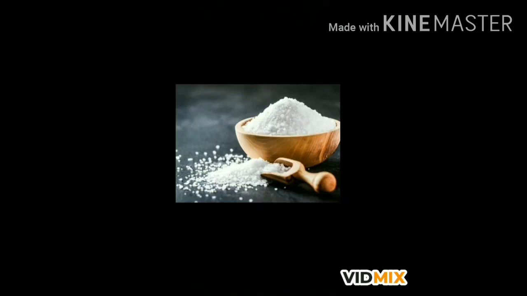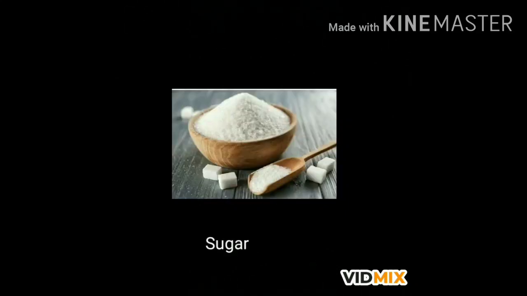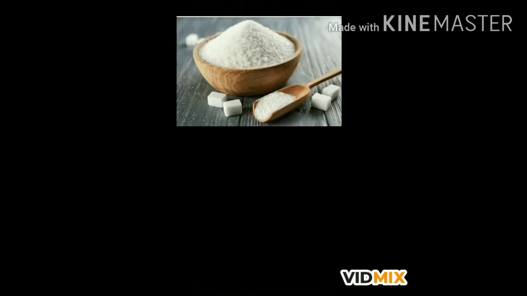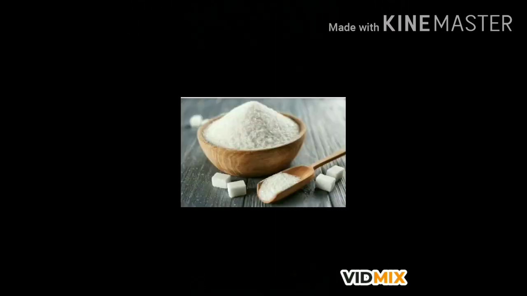For example, sodium chloride or common salt and powdered sugar on our dining table are white solids and have almost similar appearances, but both are different substances. As we all know, they have many different properties.